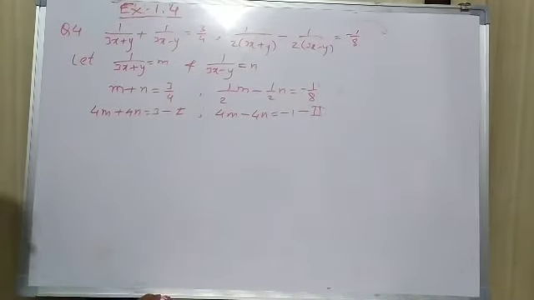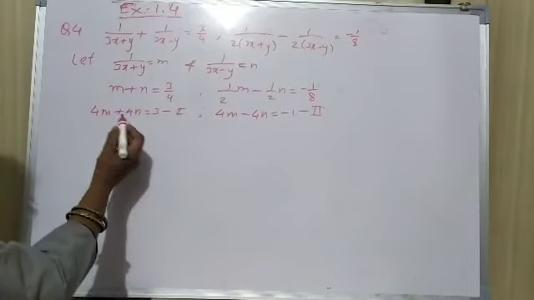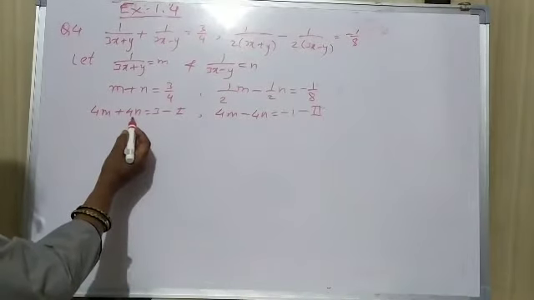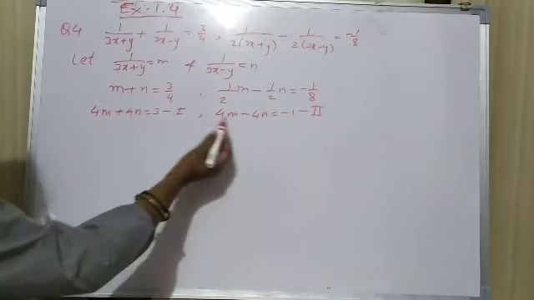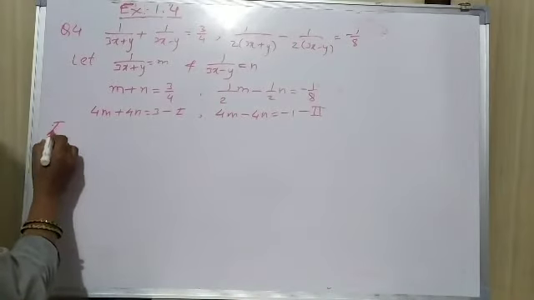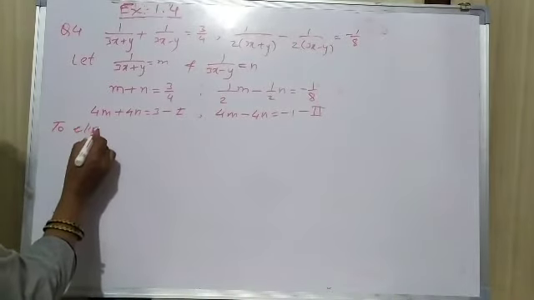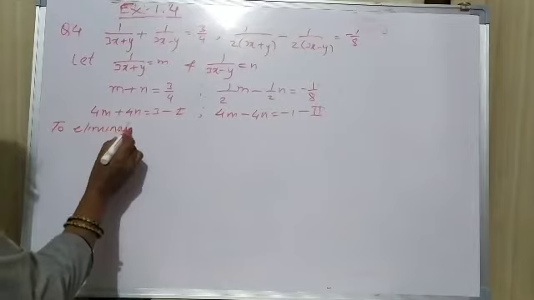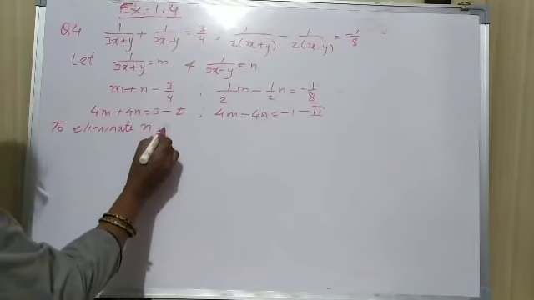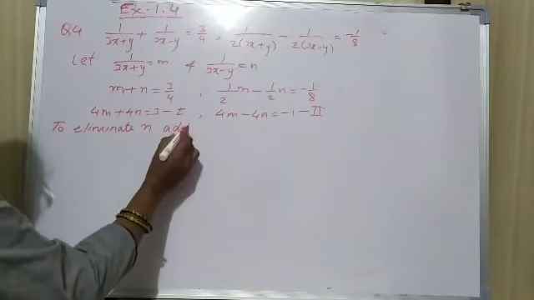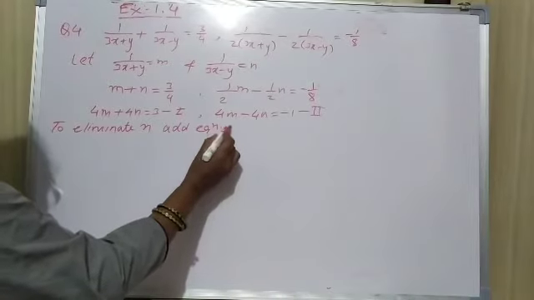Now observe these two equations, equation 1 and 2. You can easily eliminate n here. So to eliminate n, add equation 1 and 2.